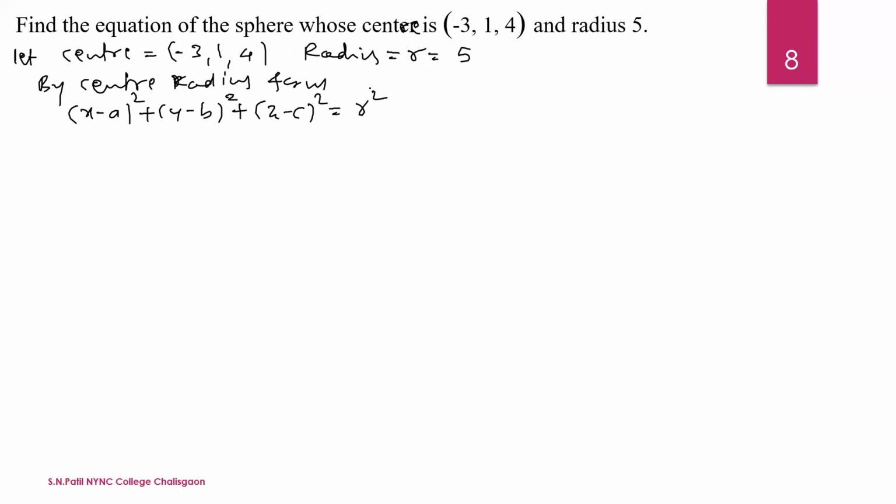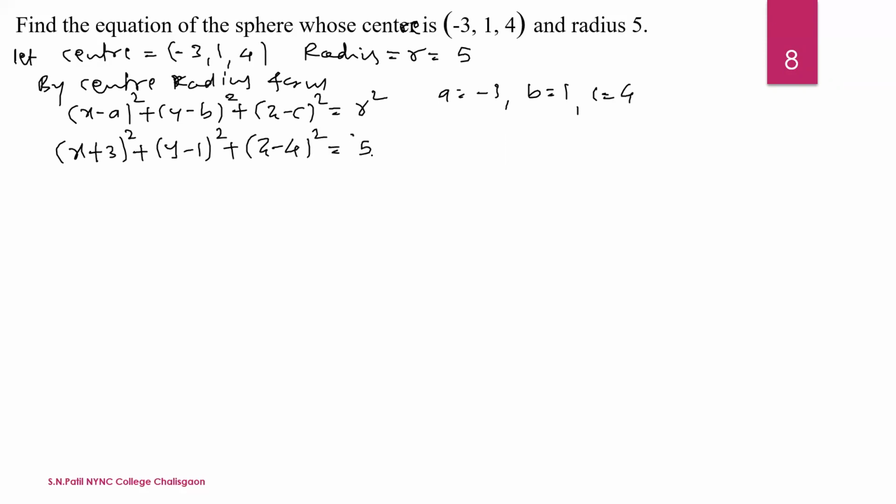Now here a, b, c: a is -3, b is 1 and c is 4, and r is 5. Substitute here: (x minus (-3)), that is minus minus plus, so (x + 3) square plus (y minus 1) square plus (z minus 4) square is equal to r square, that is 25.